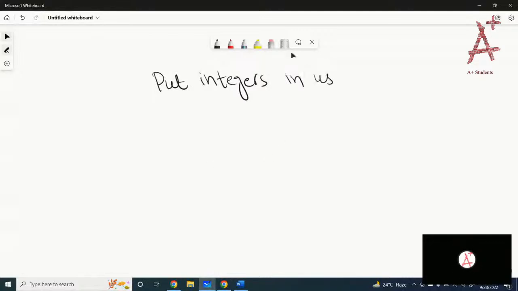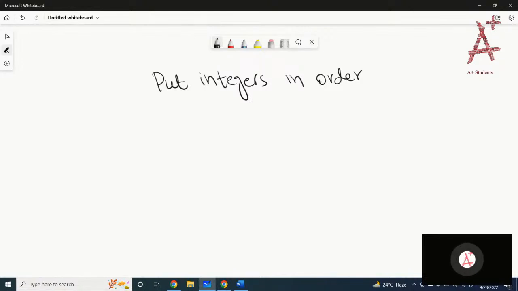Then you have to select math as a subject, and then scroll down to grade 5 maths, and we are on the very first chapter, that is place values and number sense, and find the lesson that is named put integers in order. Got it?